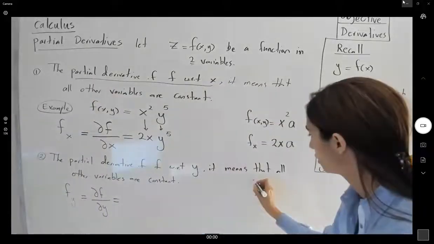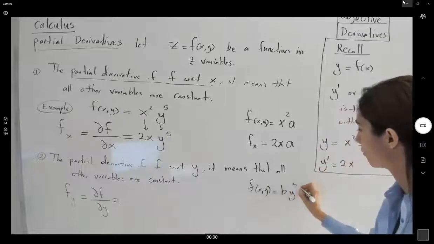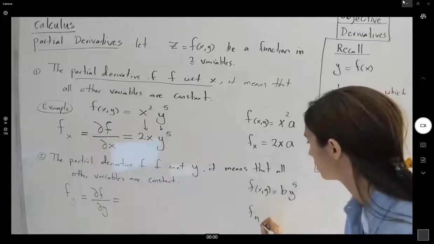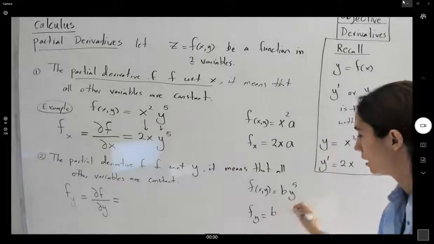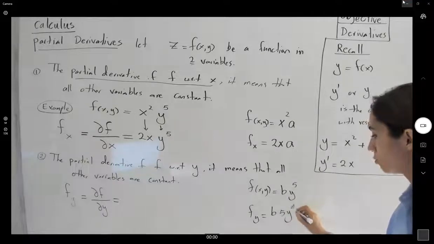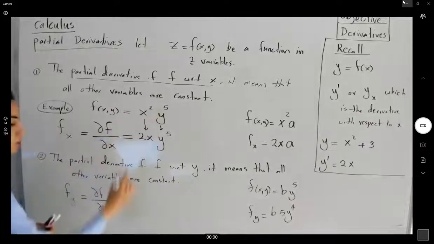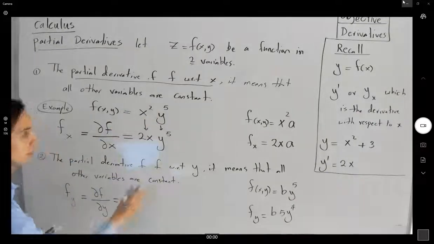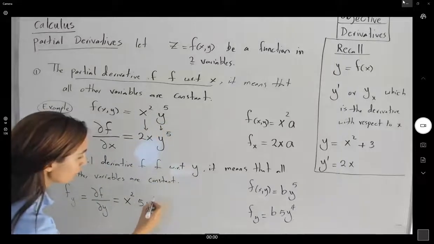It's like this. You have f of x and y equals b y to the fifth. So when you're taking the derivative with respect to y, you copy down the constant, whatever it is, and then you take the derivative with respect to y, which is 5 y to the fourth. So you're going to copy down your constant, which is x squared, and you're going to take the derivative with respect to y, which is 5 y to the fourth.